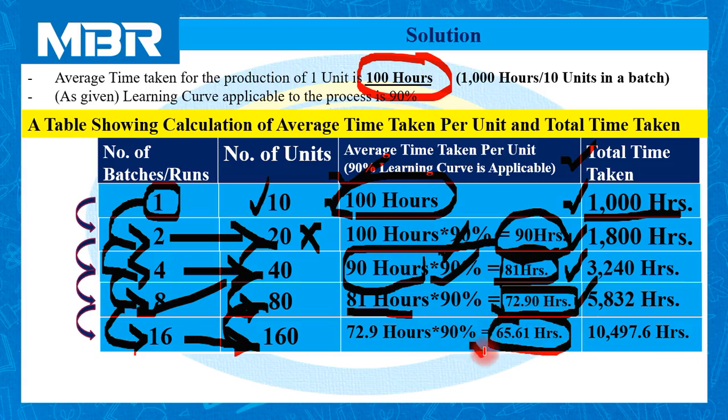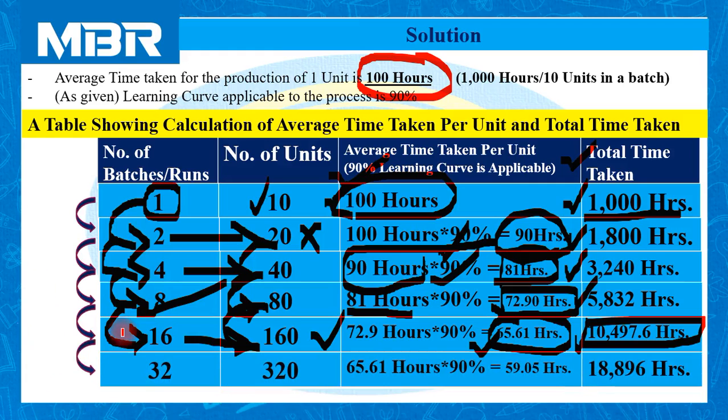Average time per unit when we are manufacturing 160 units is 65.61 hours, and total time taken is 65.61 multiplied by 160 units. So total time taken is 10,497.6.